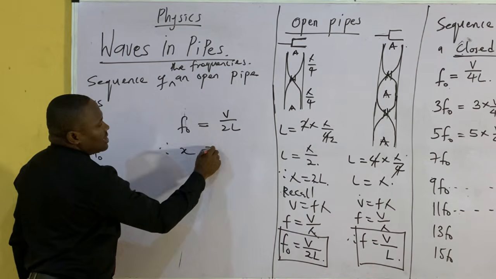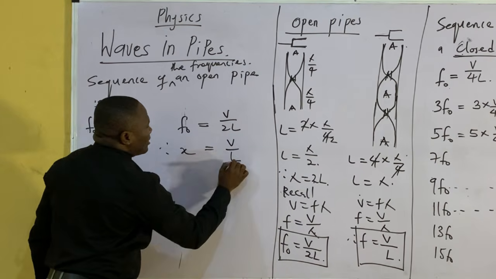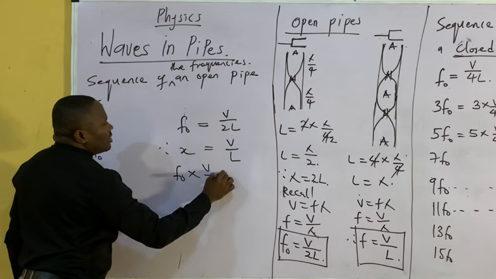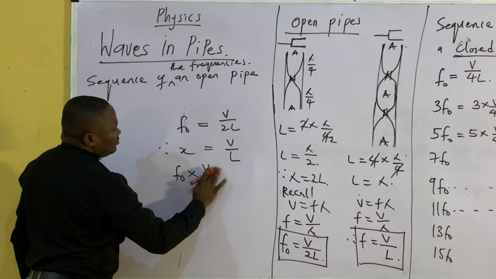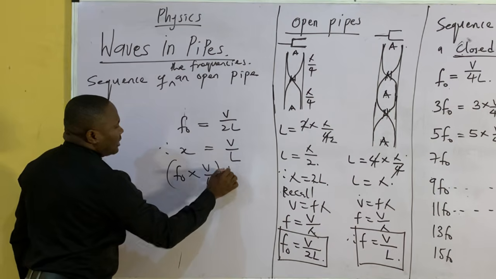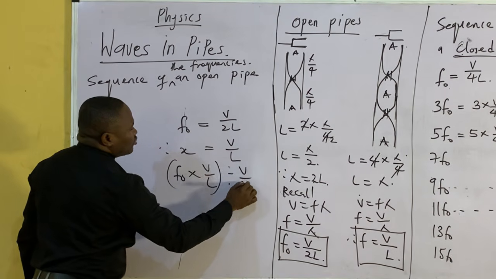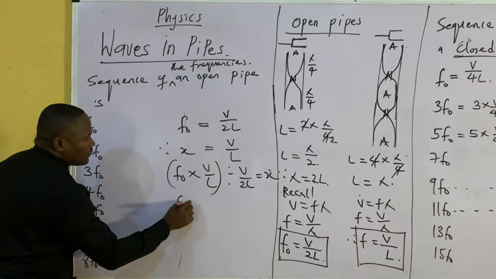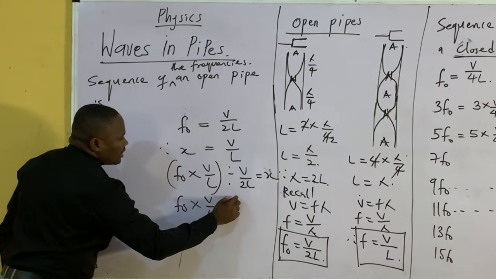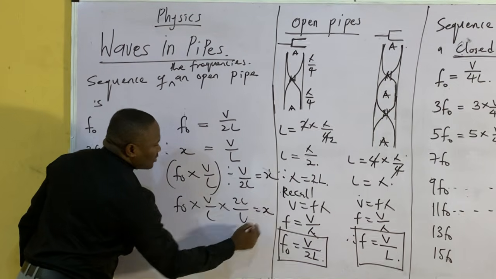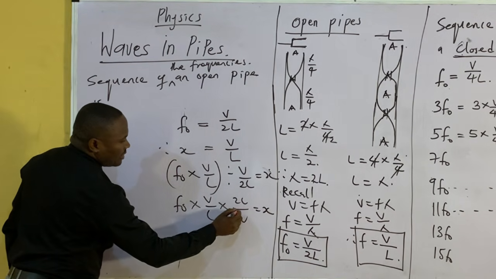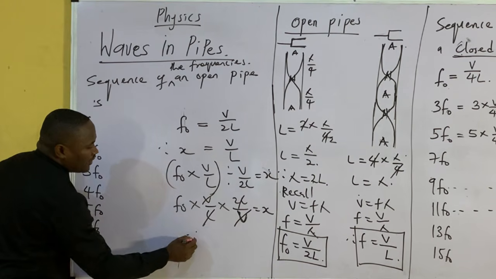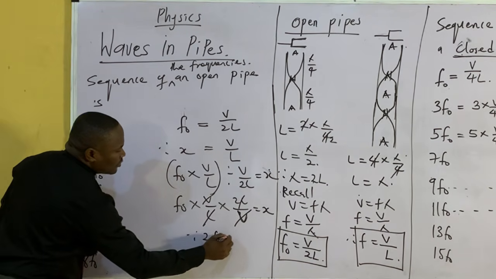Therefore, X is equal to V over L. First multiply that, you have F naught times V over L divided by V over 2L is equal to X. That's what you'll be having. So we have F naught times V over L times 2L over V equals X. V cancels out V, L cancels out L. So you now have, therefore, 2F naught equals X.